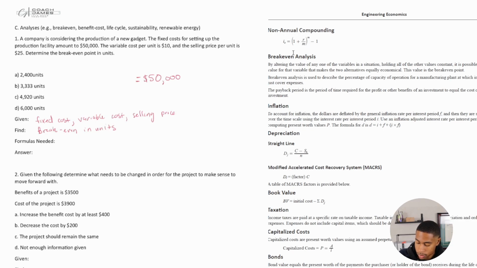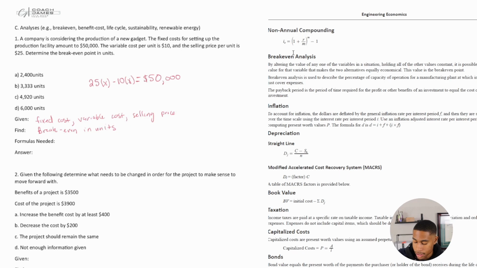We have a variable, and it's the amount of units that we're trying to sell in order to break even. So I know if I have 25 times X, which is my amount of units, minus 10 times X, is equal to the 50,000.